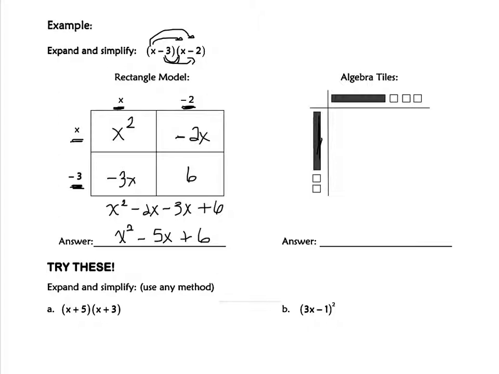So when you multiply the long positive tile by the long positive tile, you get a square positive tile, because a positive times a positive is still positive. So that's going to be a shaded positive tile. Then when you multiply a rectangular strip by a little short negative tile, that would end up giving you a positive times a negative, so you'd end up with a long rectangular tile.